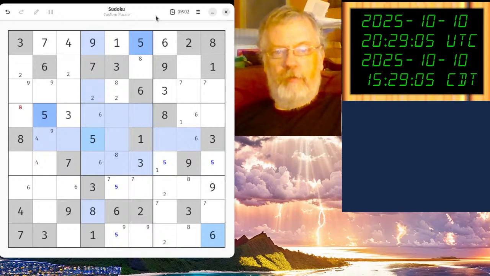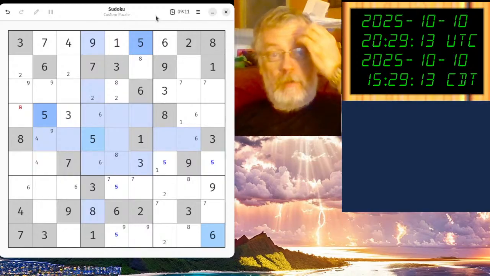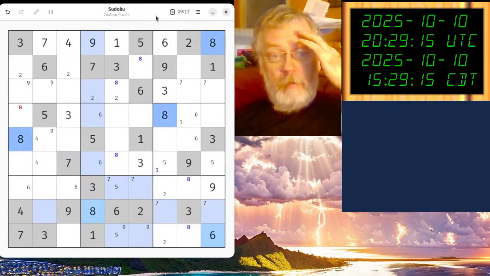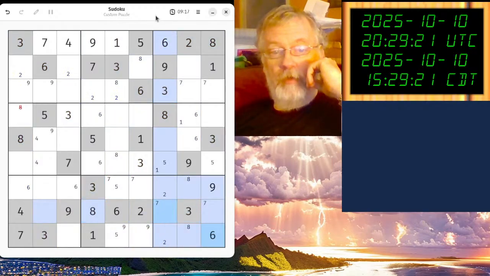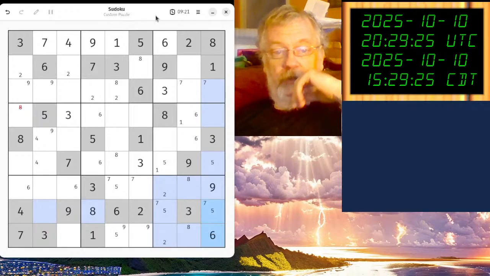Okay, we've got those 2. It's not helping me as much as I'd like. Hold it. That one can't be a 5, so one of these 2 is a 5. Narrows it down a little bit.